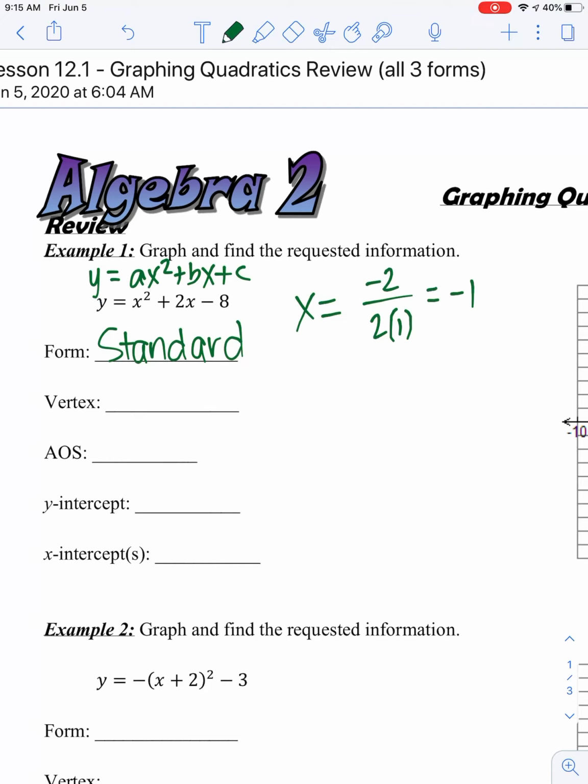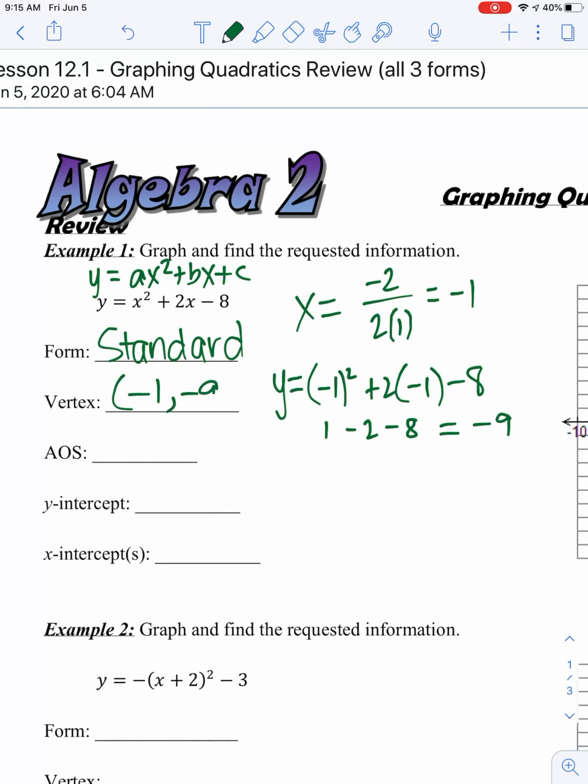To find the y, we use the function and plug a negative 1 in place of x. So when I do negative 1 squared, which is 1, plus 2 times negative 1, which is negative 2, and then negative 8, I get negative 9. So our vertex is at negative 1, negative 9.